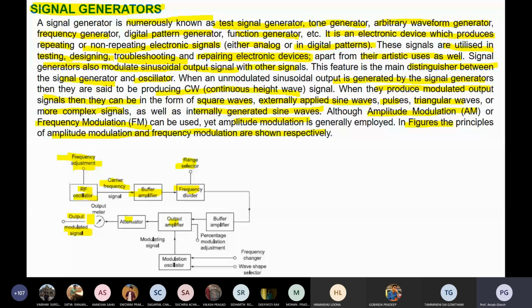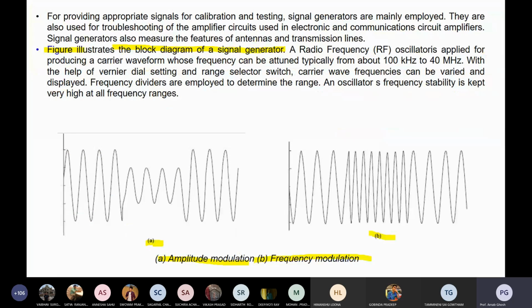Frequency changer and wave shape selector, so modulation and oscillations are there, then the output amplifier. So all of this is the block diagram. It's a generic block diagram, and as per the application it will change. So normally the purpose of this measuring device is that it can provide you two types of signal.